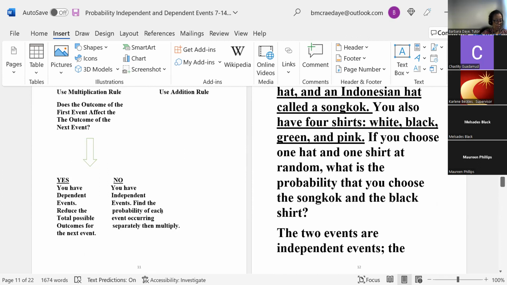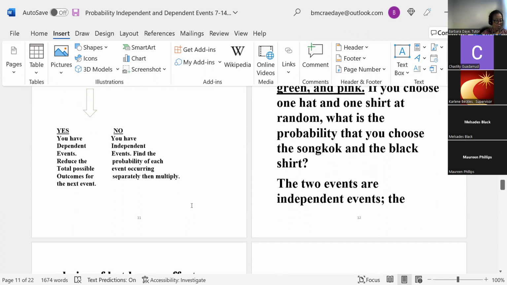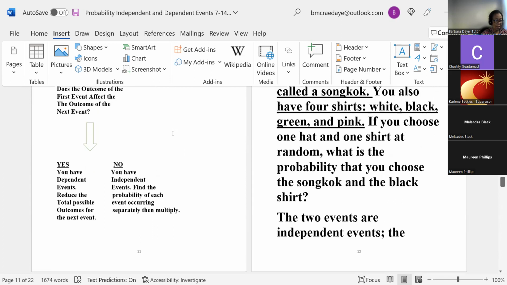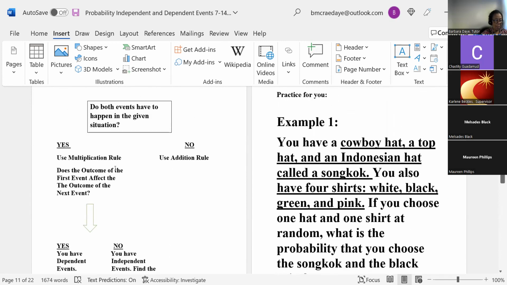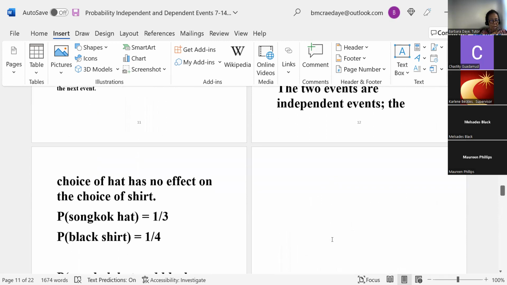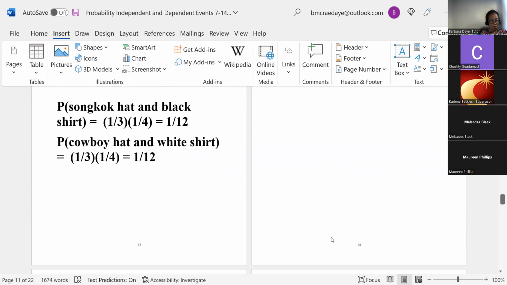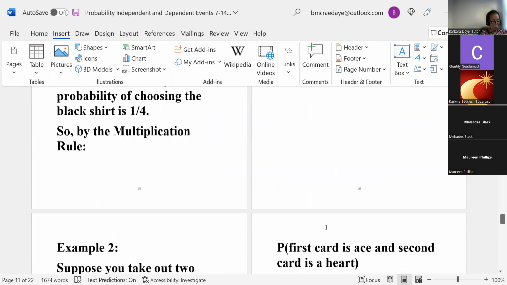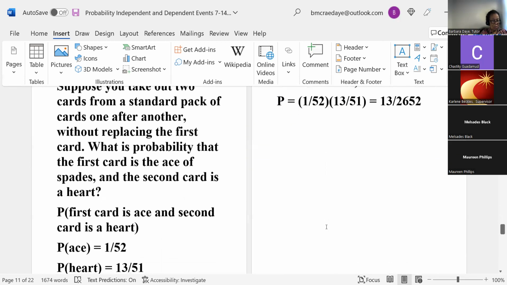Independent events, find the probabilities of each event and then multiply. See, I gave you a flow here as to how they go: addition rule, multiplication rule. Any questions? Okay, I have to read that part over. Yeah, you have to read that part over because I gave you the flow of how it goes.